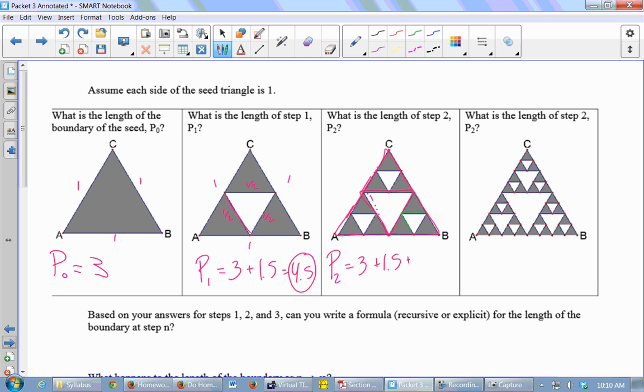So I have 1/4, 2/4, 3/4, 4/4, 5/4, 6/4, 7/4, 8/4, 9/4. 9/4 is 2.25. Okay, so altogether that's 4 1/2, 6 1/2, 6.75.